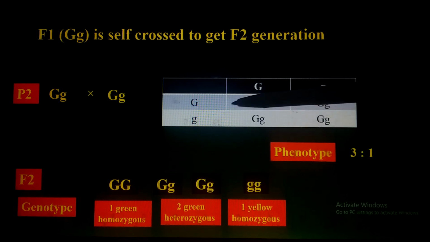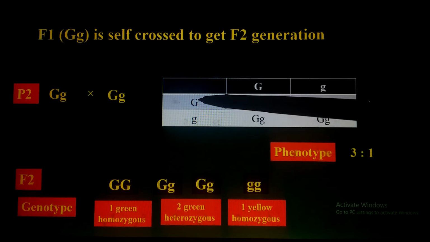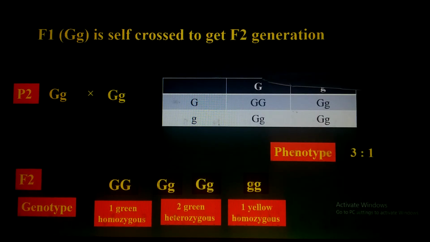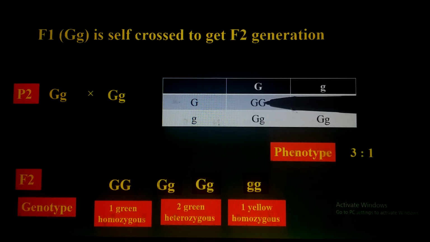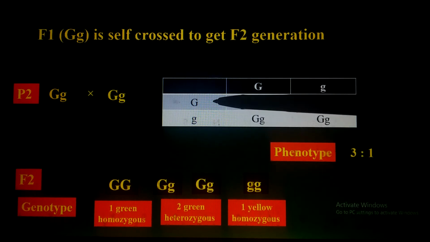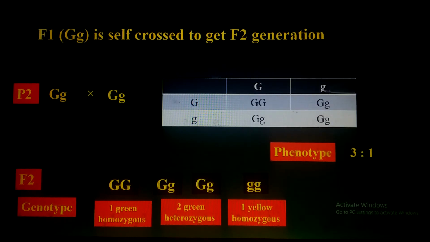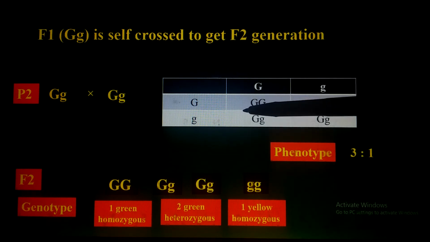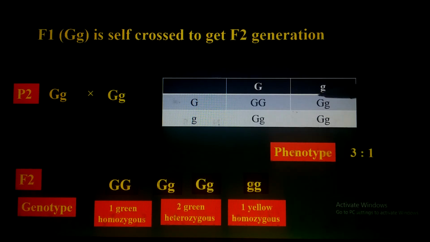When you cross the capital G gamete with the capital G gamete of the other parent, what will happen? The homozygous GG, capital G, capital G. This is true breeding green, just like the first parental generation. Now the second one, capital G, small g, is like the second parental generation, which is heterozygous green.